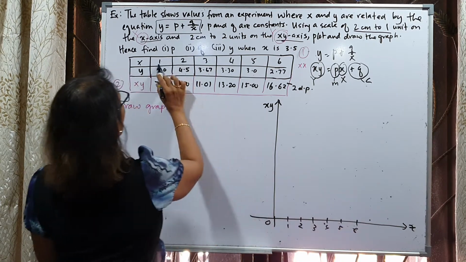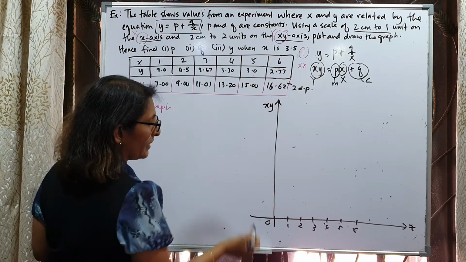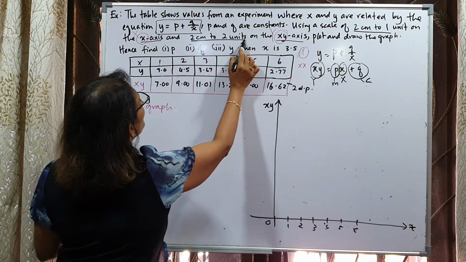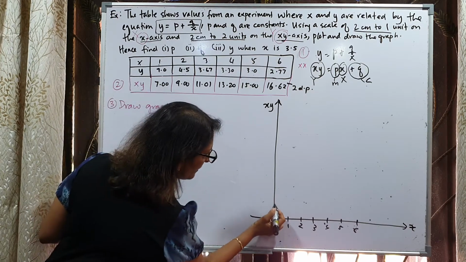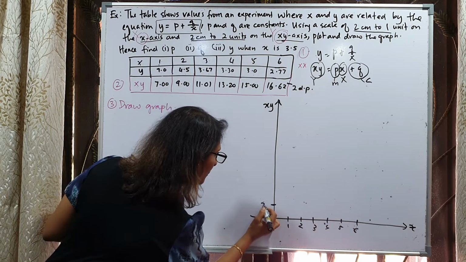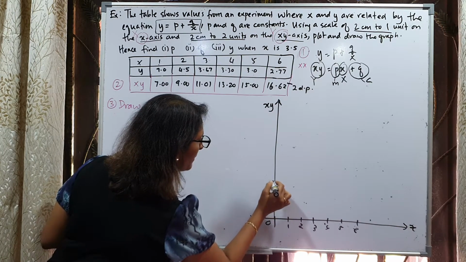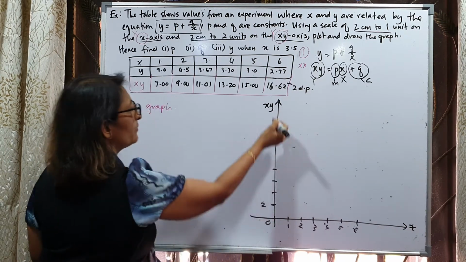We need 1 to 6 on the axis, and 2 cm to 2 units, which means here is 2, 4, 6, 8.